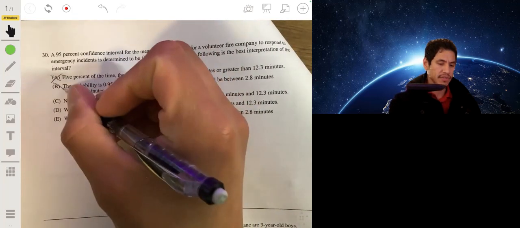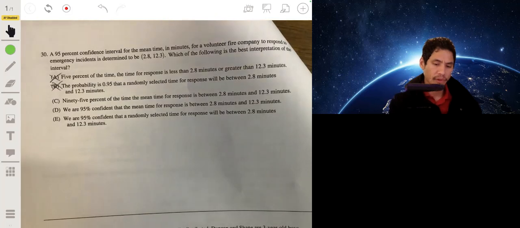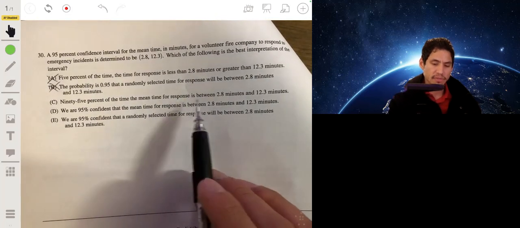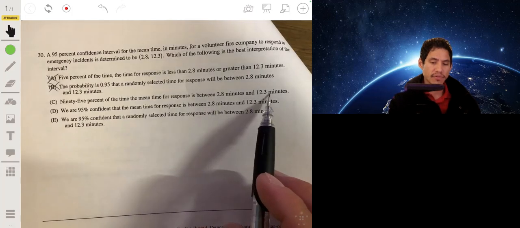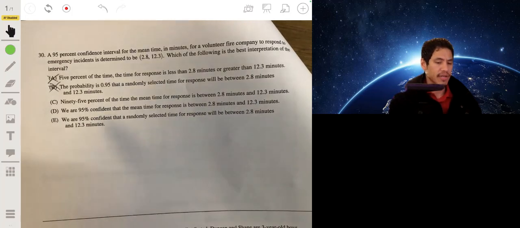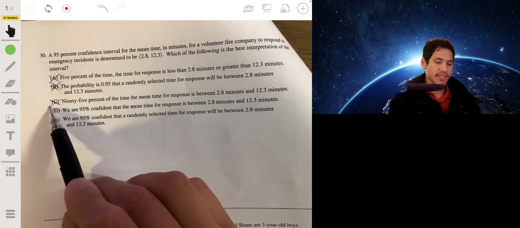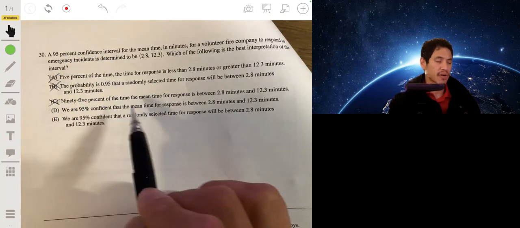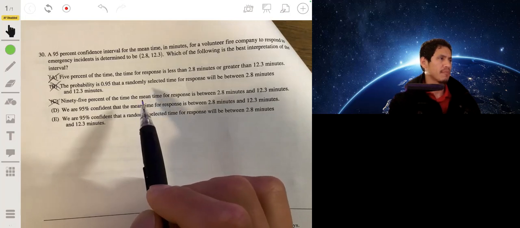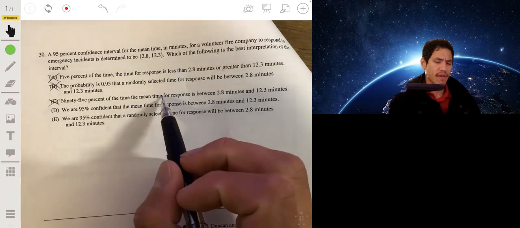The confidence interval is to estimate the population mean. Next: 95% of the time, the mean time for response is between 2.8 and 12.3 minutes. Again, no. Remember, this is just an estimate. We don't know this for sure.